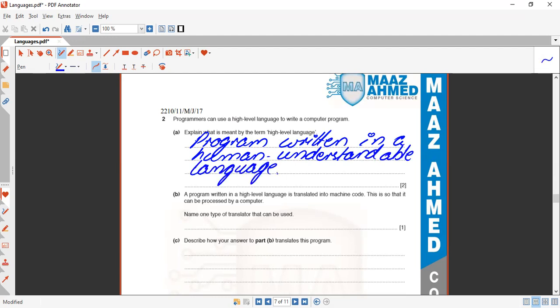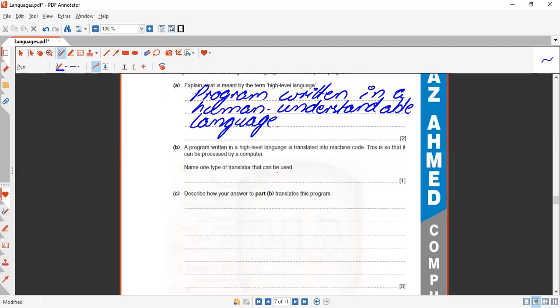So any program written in a human understandable language is termed as a high level language. A program written in a high level language is translated into the machine code. This is so that it can be processed by a computer.